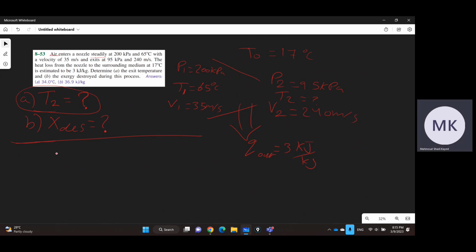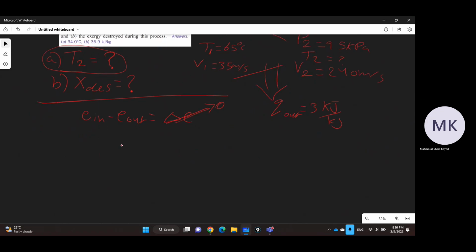It will be the energy in minus the energy out equals the change of the energy. Since this is a steady device, a nozzle, we can remove this and take it as 0. The energy entering the system is equal to the energy leaving.